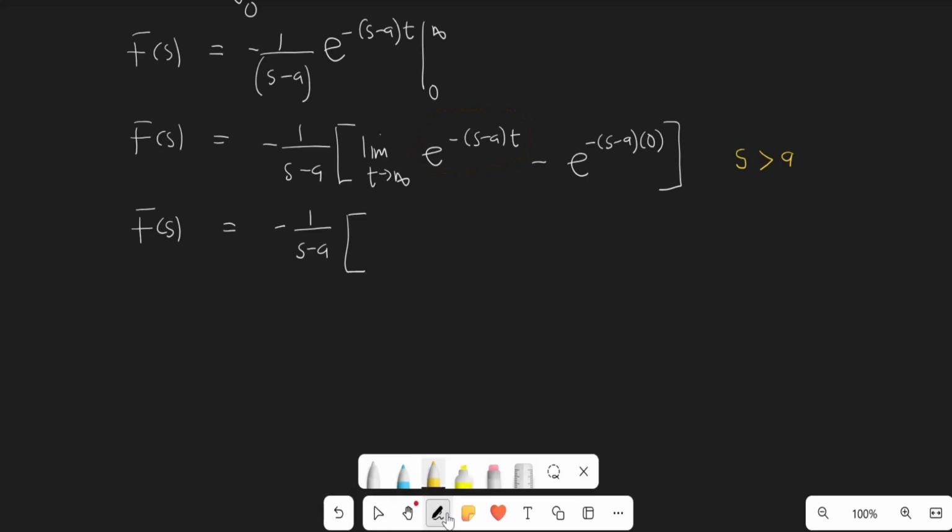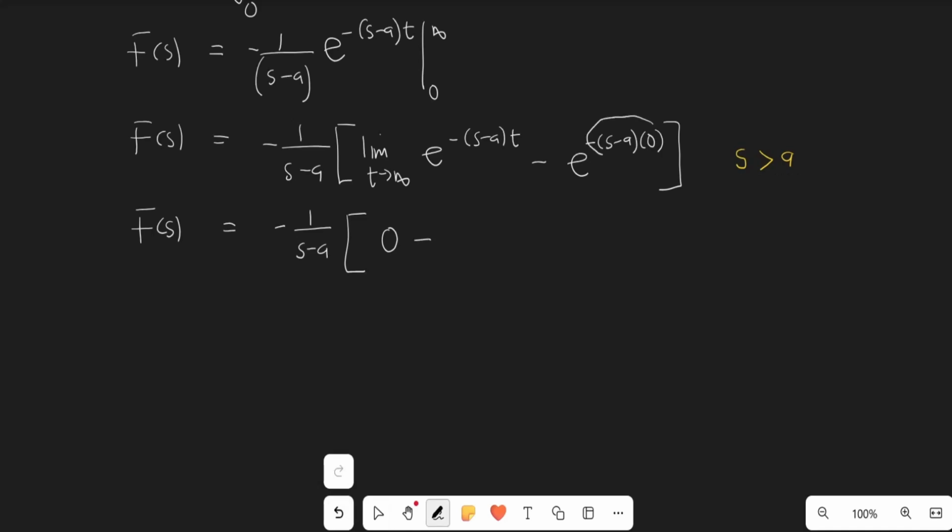So this one will reduce to 0 as t is approaching infinity, conditioned on the fact that s is greater than a. So minus this one here, the exponent here is 0, and now e raised to the power 0 is 1. And this is equal to positive 1 all over s minus a.